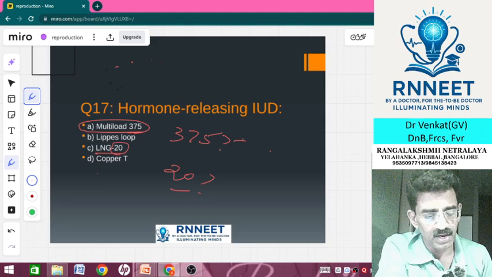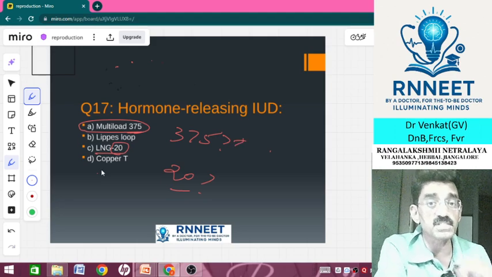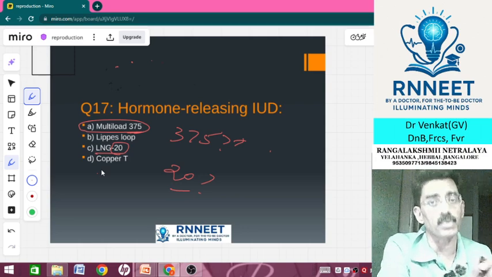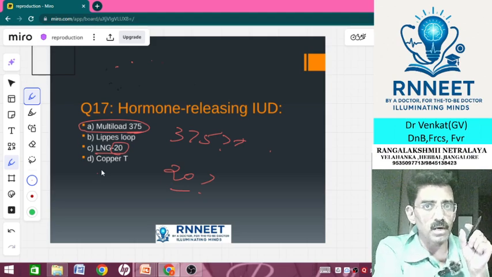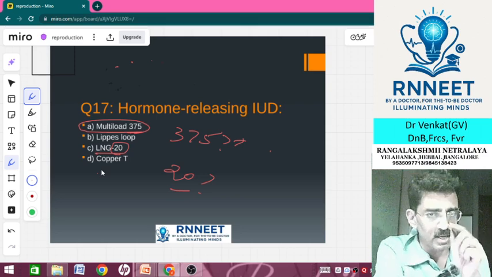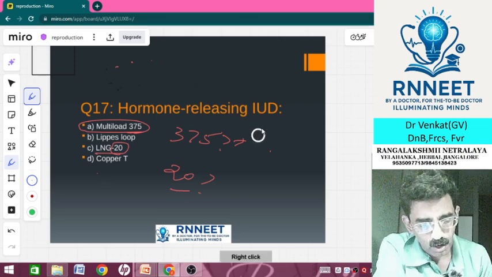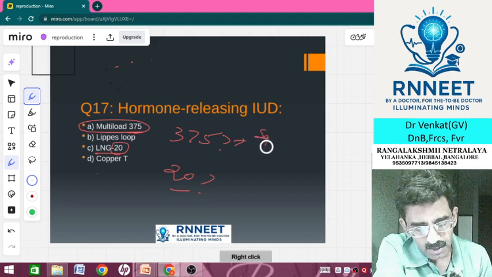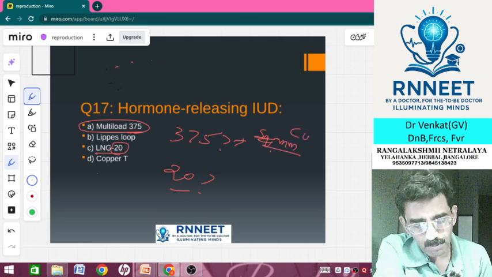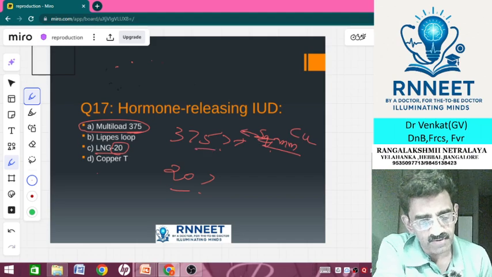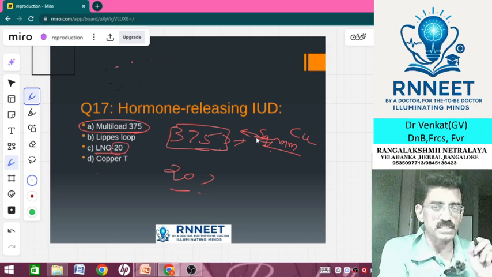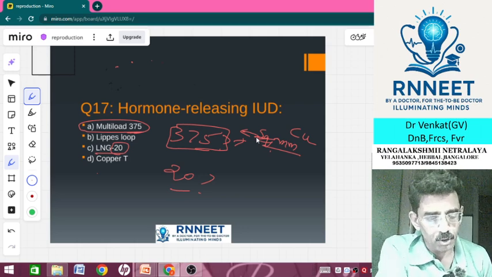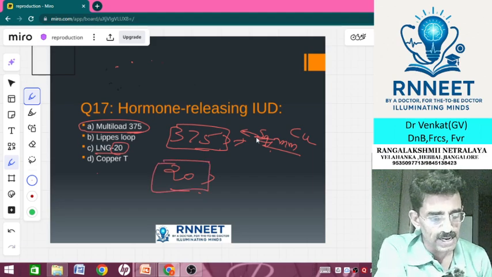This 375 represents the amount of surface area of copper that is available. In the copper IUD Multiload, how many square millimeters of copper are available, and that is 375 square millimeters. In the same way, what does 20 represent in LNG?